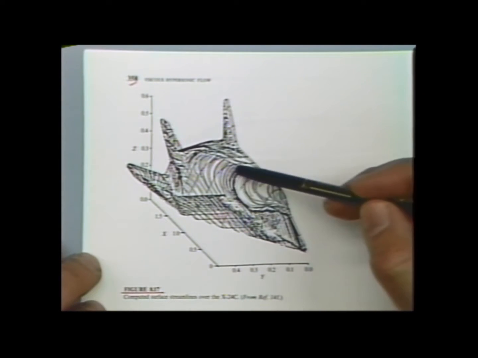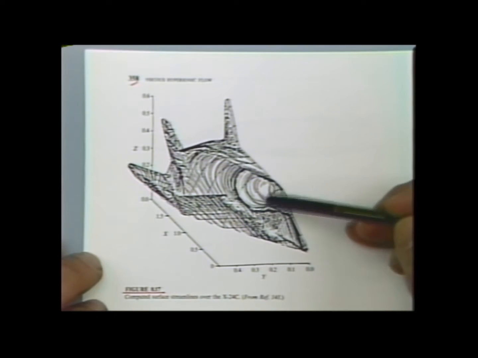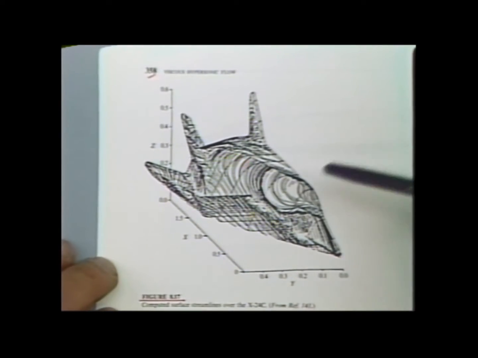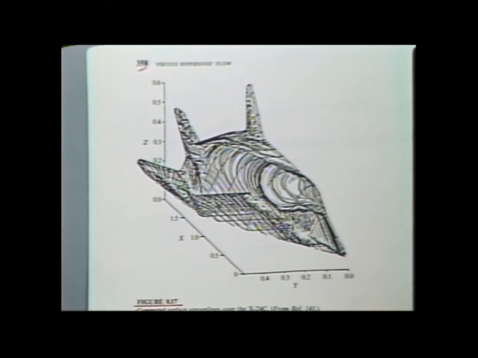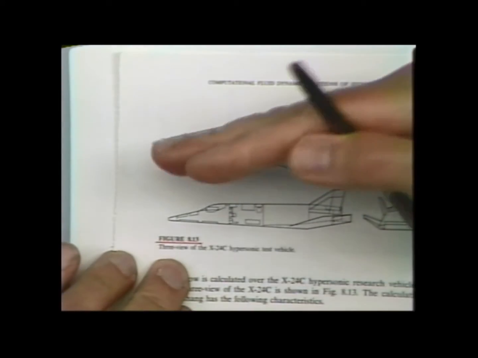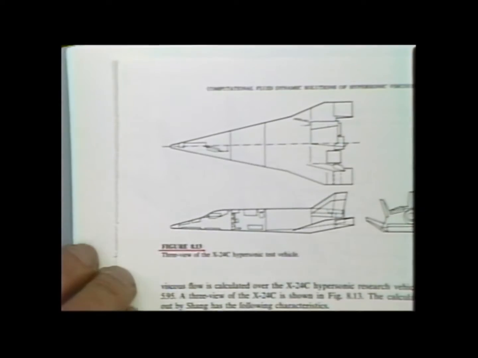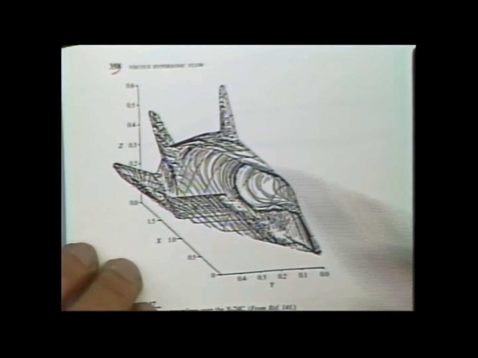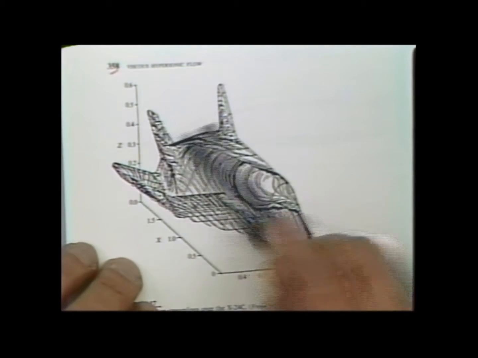You might call them kind of like streamline directions, or really shear stress directions on the surface of the body in this complex three-dimensional flow. In this picture, we are looking only at half the body. In other words, it's been sort of sliced in half. We're only looking at one half of the body, so you only see two of the tails. In a sense, this is the wing, two of the tails.